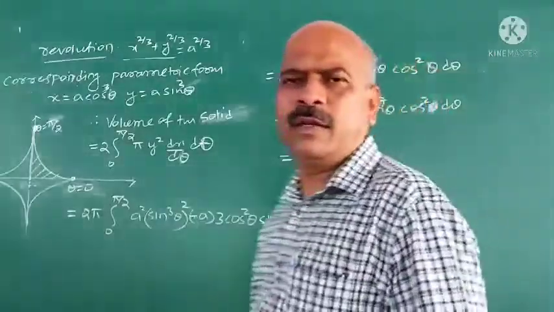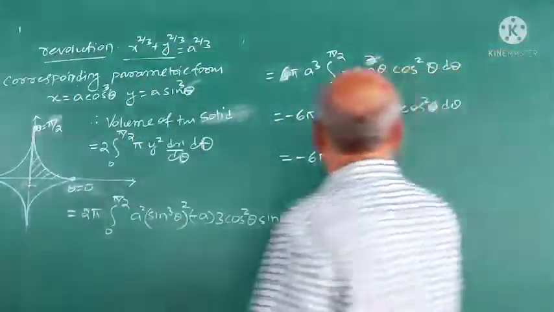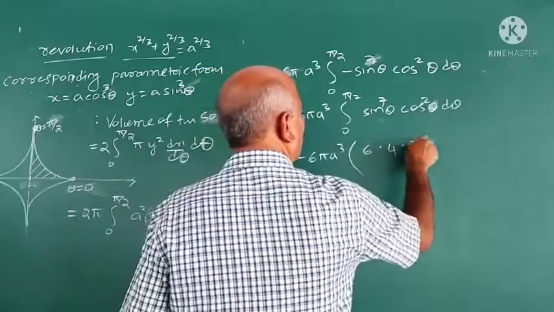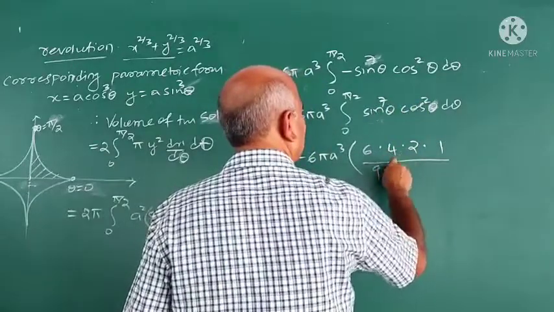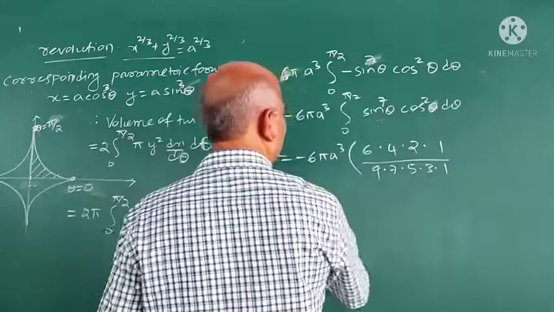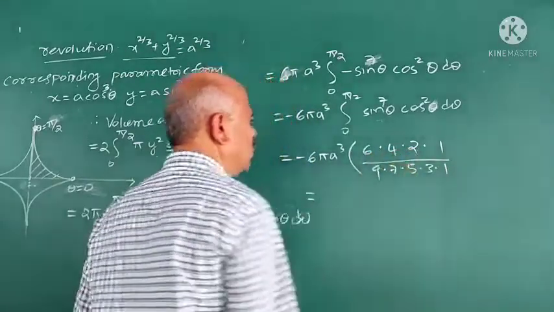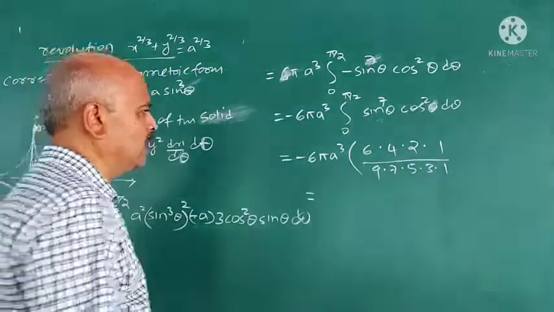Now we apply the reduction formula. What is the reduction formula? Sin theta raised to p, cos theta raised to q is, first we start from 6, 4, 2 and 1, divided by p plus q, 9, 7, 5, 3, 1. Now simplify this. It is 6, 4, 2 over 9, 7, 5, 3, 1.